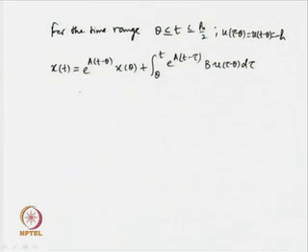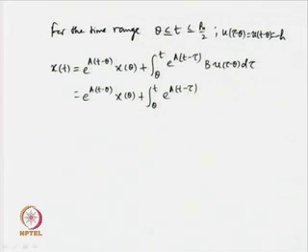Now, which can ultimately be written in the form of e to the power a t minus theta x theta plus integration from theta to t e to the power a t minus tau b minus h d tau.